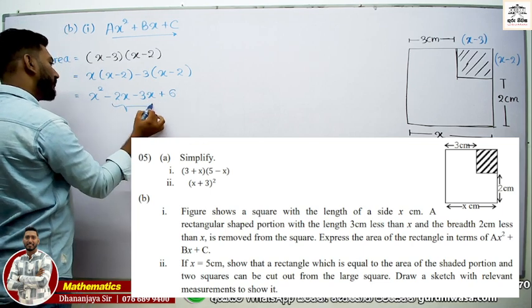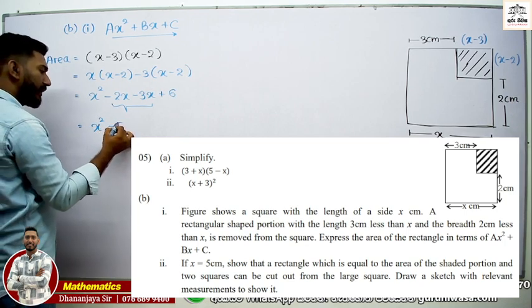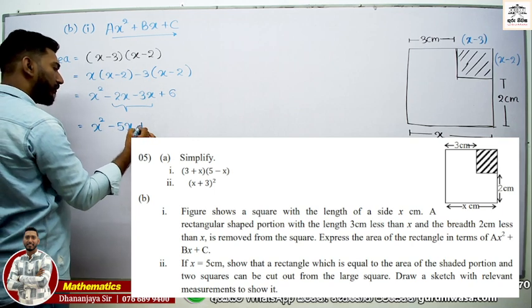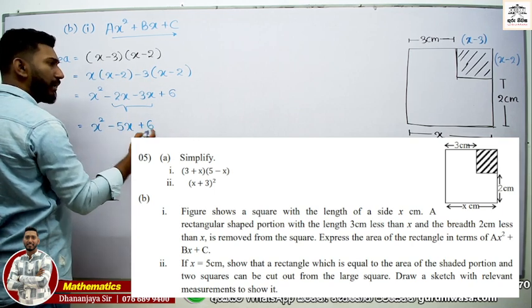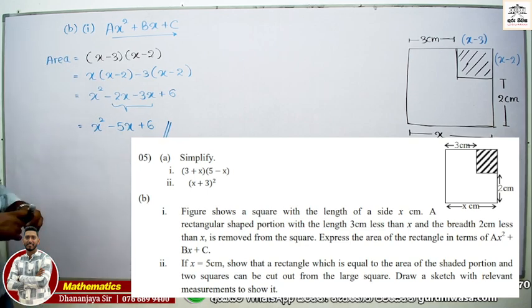Now the answer becomes x to the power of 2 minus 5x plus 6. This is how the answer comes. Clear?